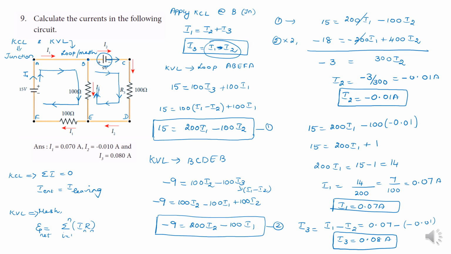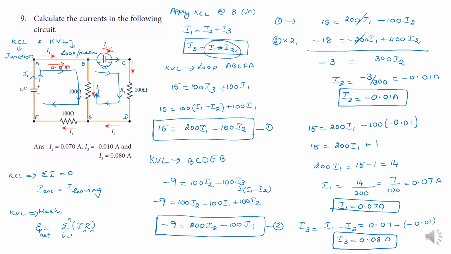So actually the assumed direction is opposite. See, I2 is in this direction, but I2 we have found as minus 0.01. That means, listen, I'll use a different color to show you. I'll use this red. See, I1 is 0.07 amps flowing in this direction.